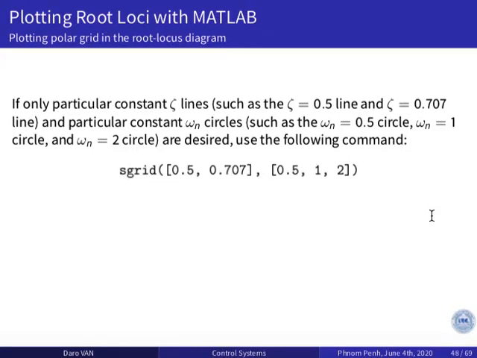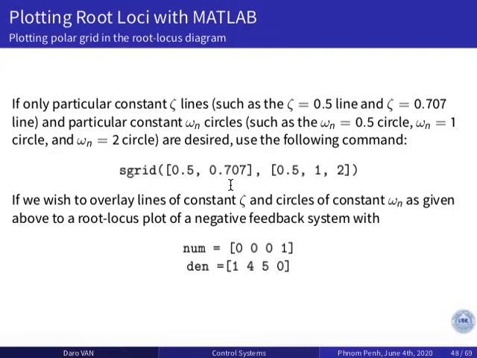And if only particular constant zeta lines, or constant omega n circles, are desired, then you can use this. So in this case, it means sgrid. This is zeta and this is omega n.